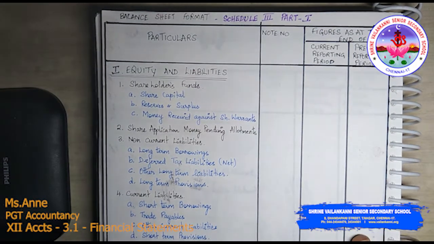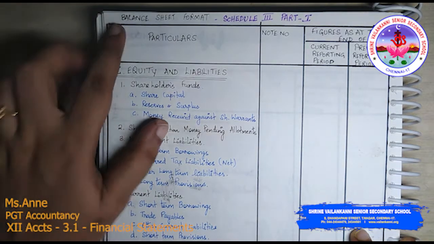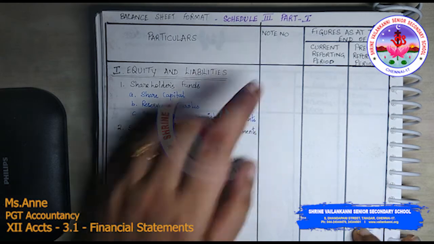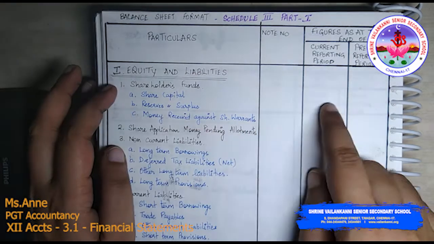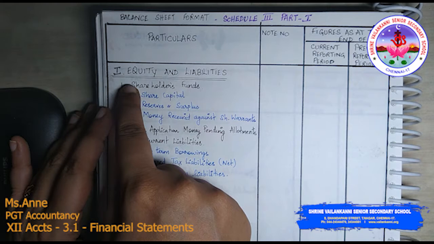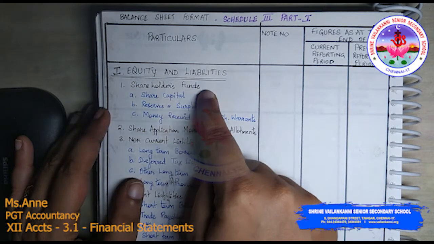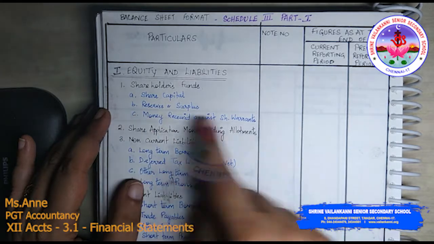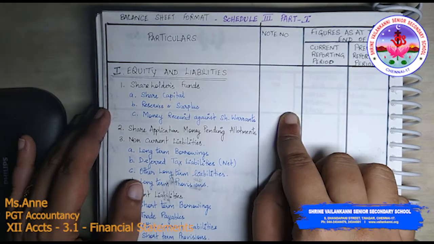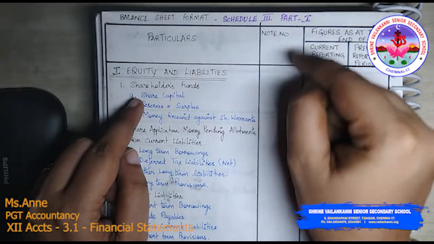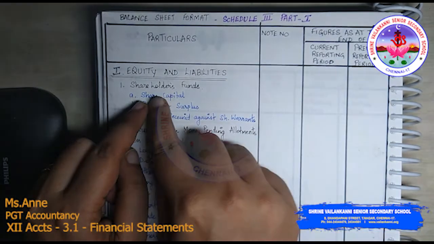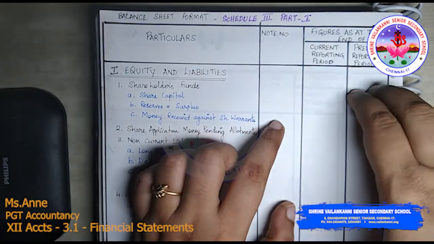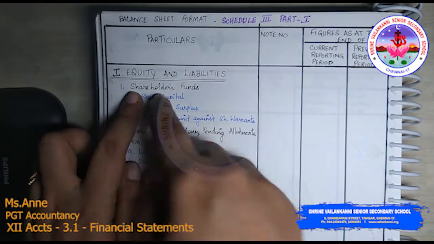First you have the balance sheet particulars and note number. What is this note number? When you are writing the line item, what is a line item? A line item is nothing but shareholders fund, share capital, all these things. You can give a note number, like note number 1 to share capital, and refer to the notes to accounts to find the components of share capital.